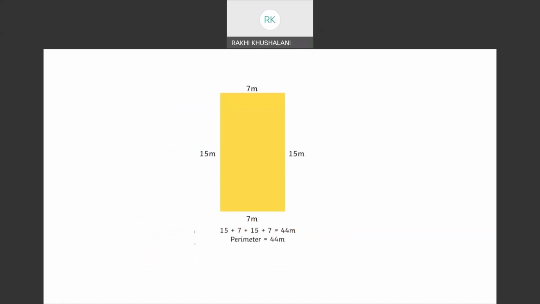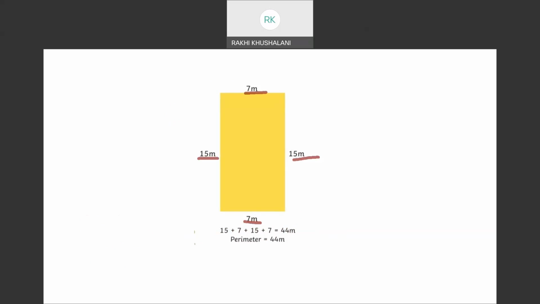Here I have a rectangle shape again. We know in a rectangle the opposite sides are the same. So in this particular case, this is 7, this is 7, this is 15, and this is 15. The unit that is given is meter. Remember, they all should be in the same unit.